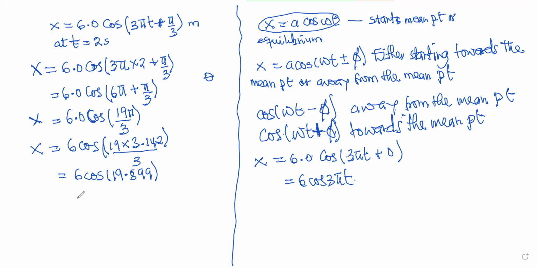At least I'm writing it in 3 decimal places. Expressing it as 19.899 means that theta is in radian.